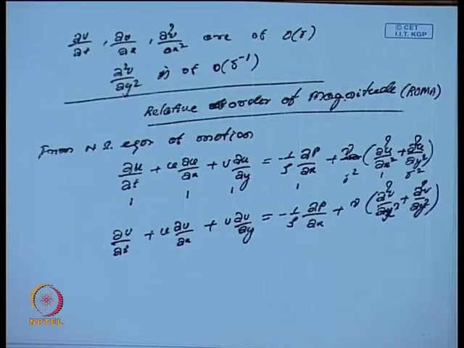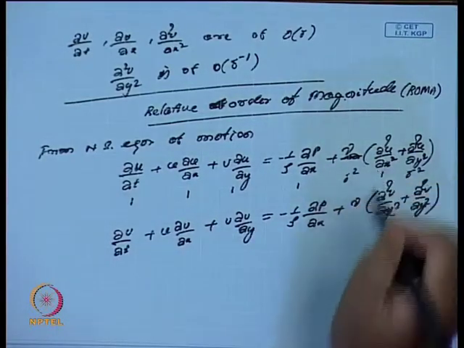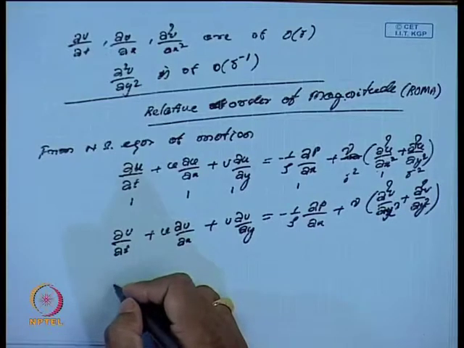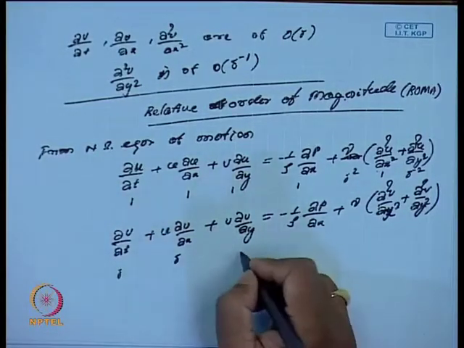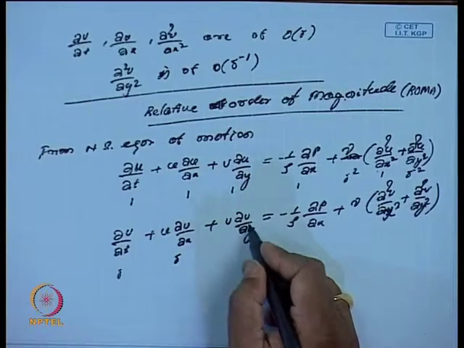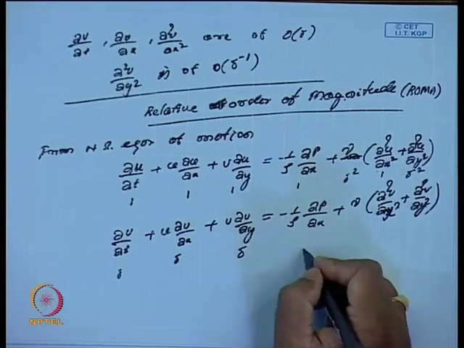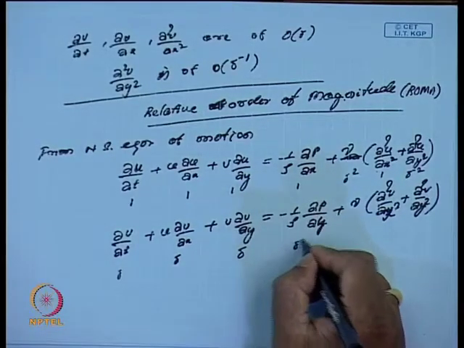In the same way, this term is of order delta square. Now, if I look at this term again here, this is of order delta, this is of order delta, again this is of order delta. Then this is del p by del y, and again this is of order delta.